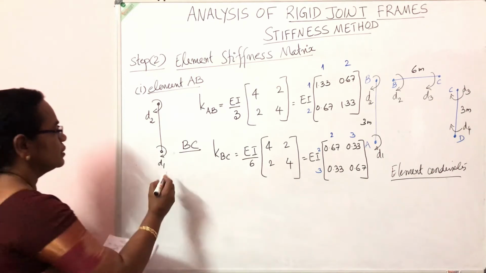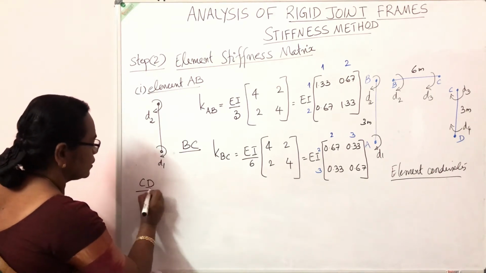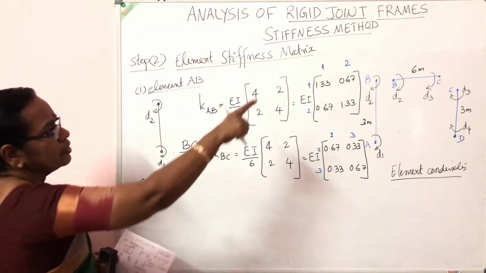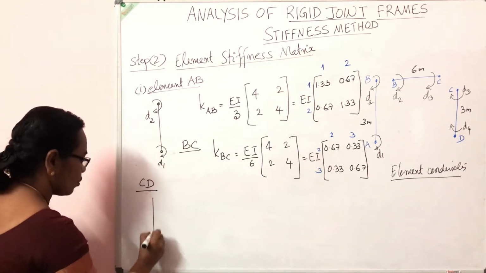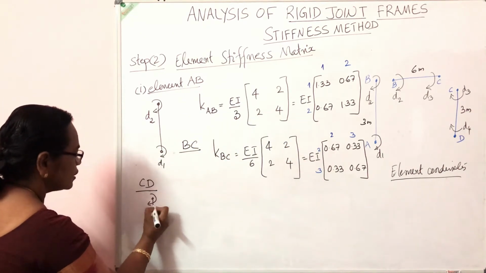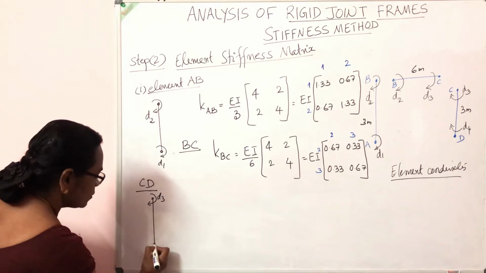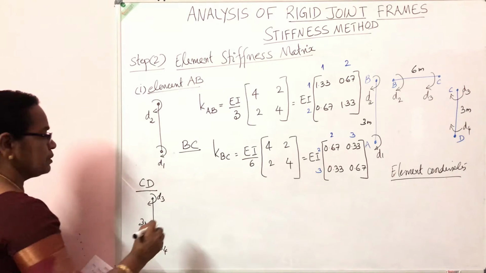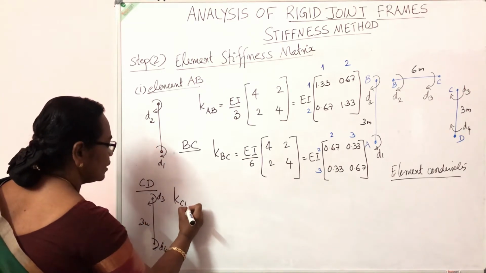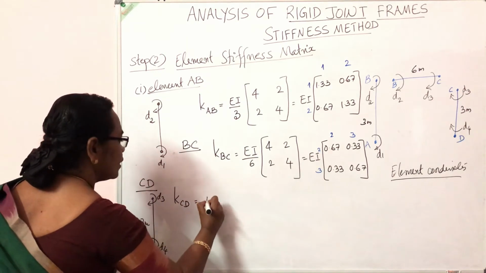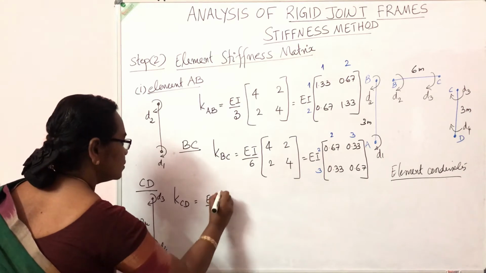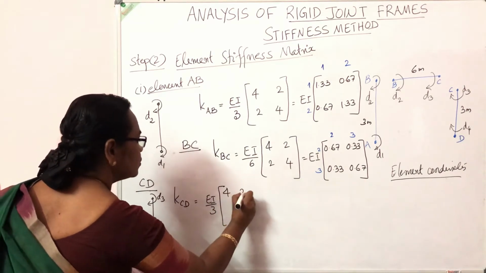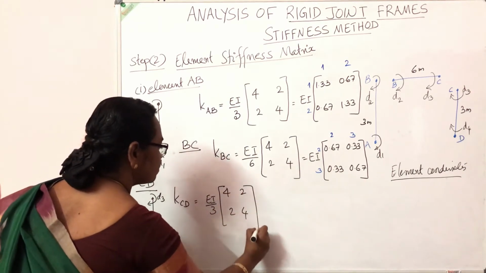Next, the third element CD, that is also a column element like this. This end has D3, this end has D4, and the length is 3 meter. So KCD is equal to EI by 3 into 4, 2, 2, 4.